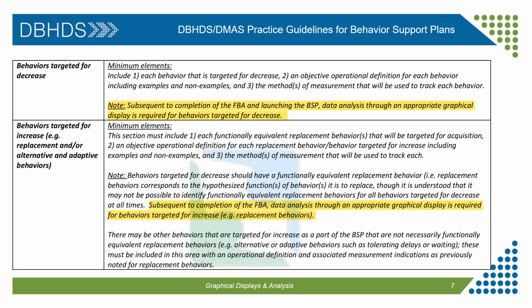Additionally, graphic displays with progress summaries covering at least the current review period are required for annual therapeutic consultation behavioral services authorizations. See the complete practice guidelines on the DBHDS Behavioral Services website.